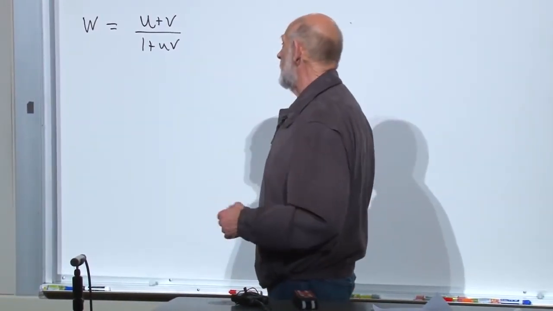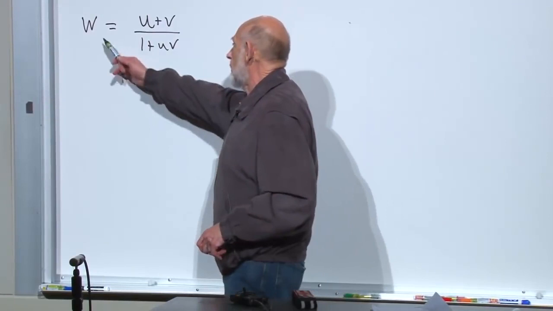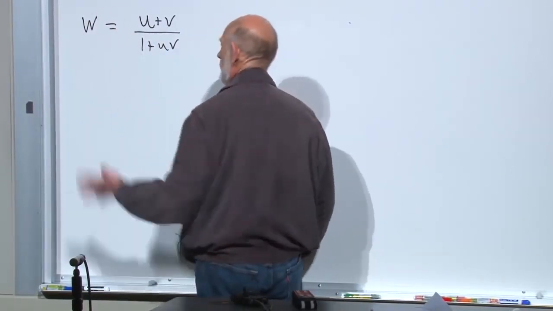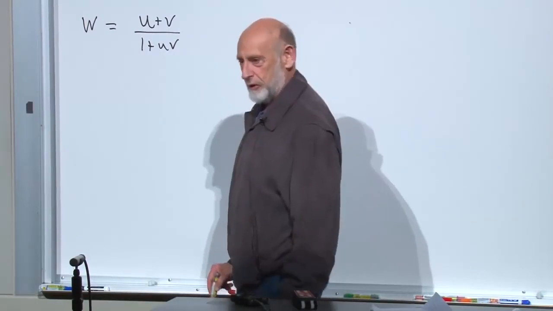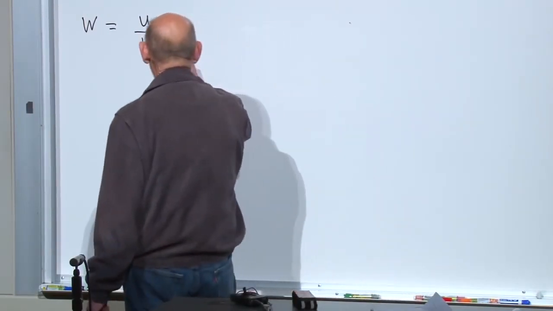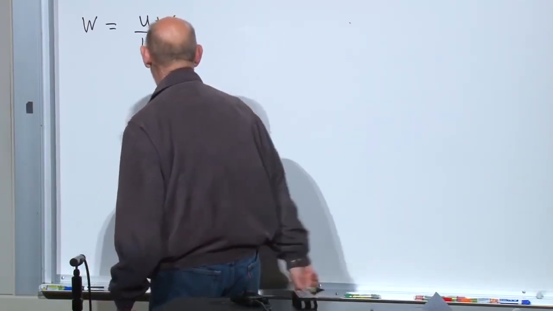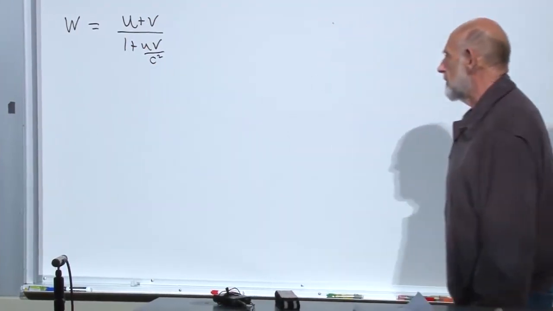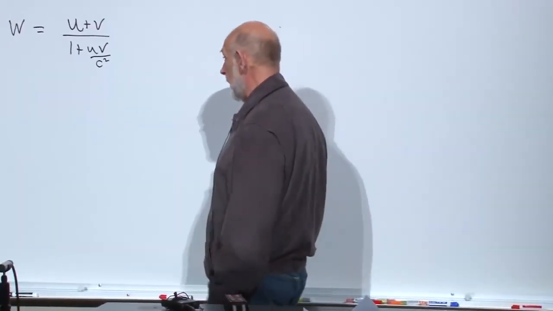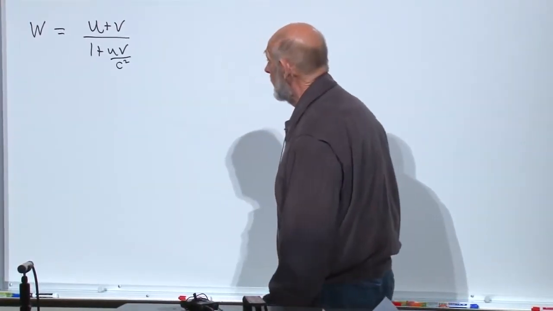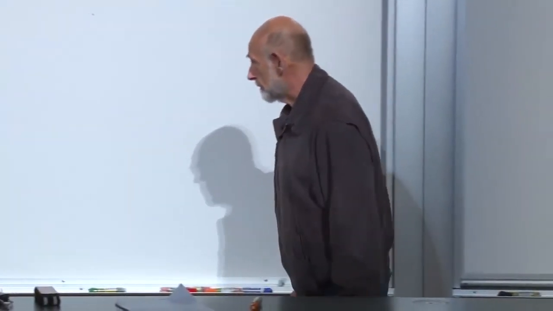But if we want to restore the dimensions, we simply look at this equation. W equals u plus v, that's dimensionally fine. It's adding 1 to uv, which is peculiar, but we restore the dimensions by putting in c squared here. 1 plus uv over c squared is dimensionless.